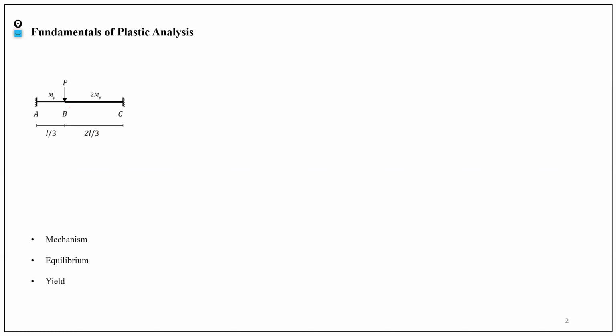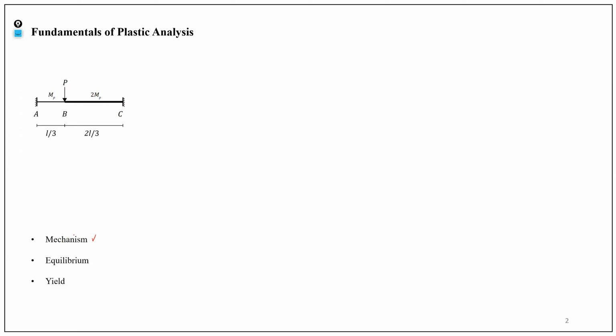You can see here, the section at the right side is a bit stronger than the one at the left side. The plastic moment is 2 Mp here and here it's Mp. First of all, when we want to solve a problem using plastic analysis and also the virtual work method as a tool, we need to assume one mechanism. This is the first part.